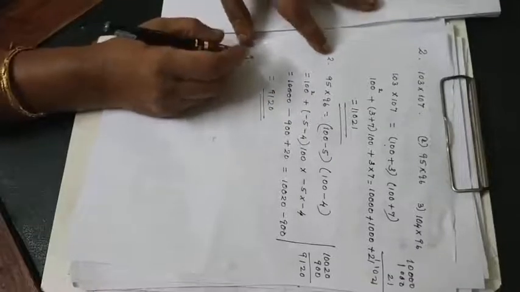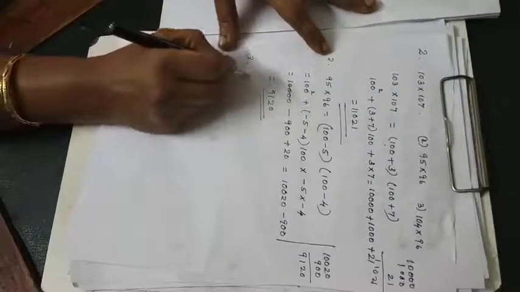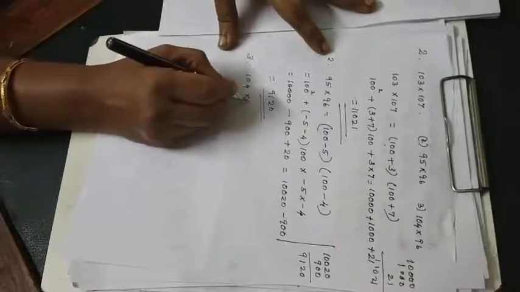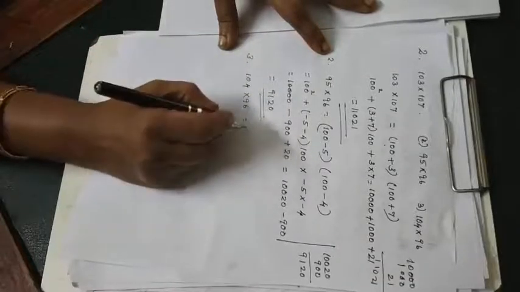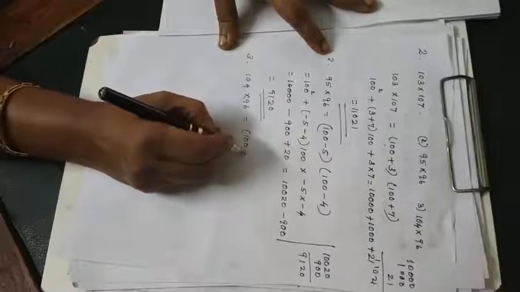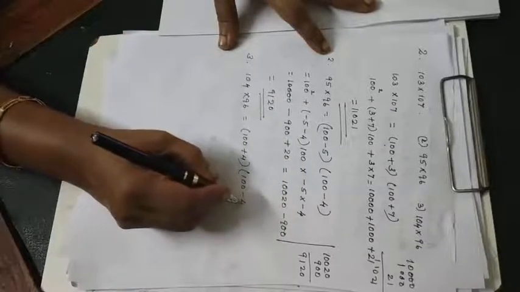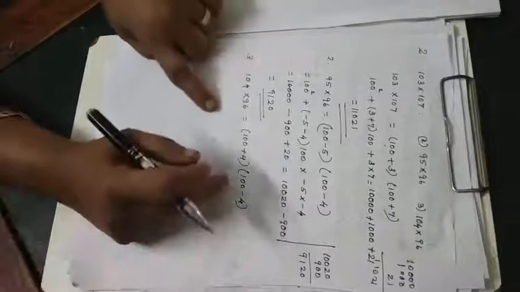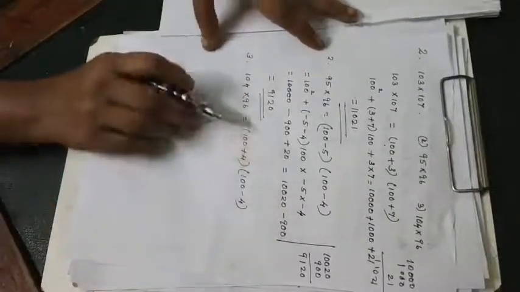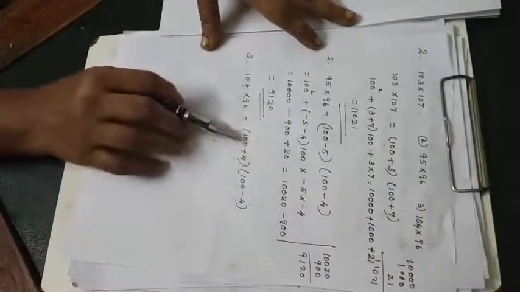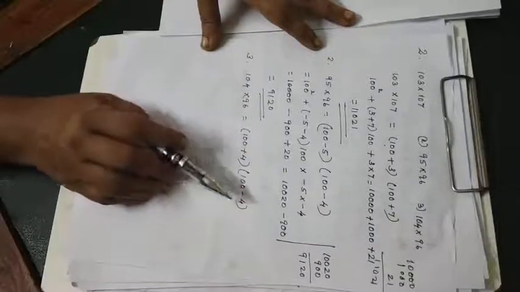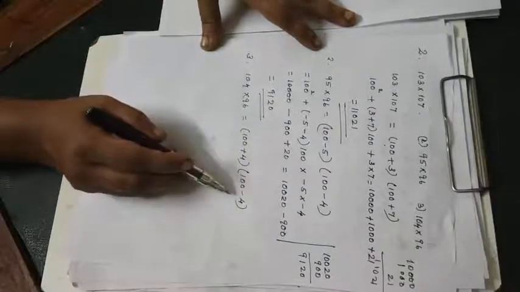So third one, 104 into 96. This one you can write 100 plus 4 and 100 minus 4. 96 is equal to 100 minus 4. Now look at here. It is in the form a plus b into a minus b. So what is a plus b into a minus b?